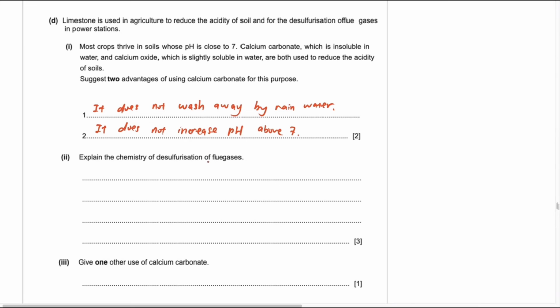Okay, so explain the chemistry of desulfurization of flue gases. So that means the sulfur dioxide. Sulfur dioxide is reacted by the calcium oxide just now, the base. Okay, so first, flue gas contains sulfur dioxide. Then you said sulfur dioxide is acidic.